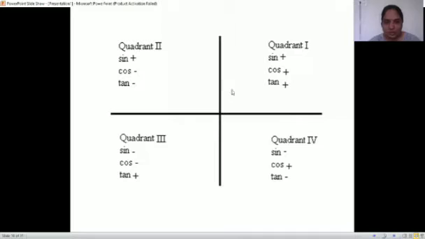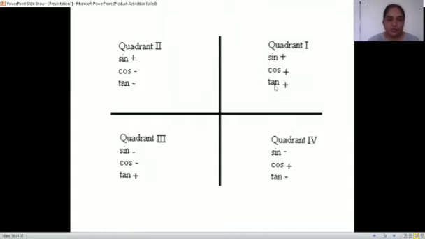These are the quadrants: first quadrant, second quadrant, third quadrant, fourth quadrant, right? In the first quadrant, all are positive. In the second, sine and cosec are positive; in the third, tan and cot; and in the fourth, cos and sec, right?